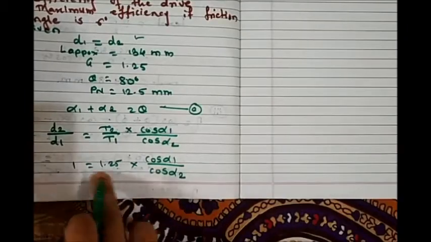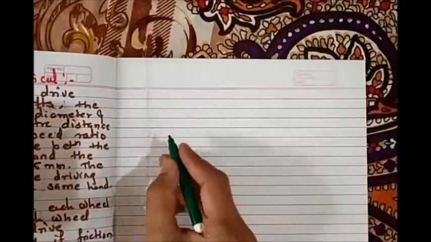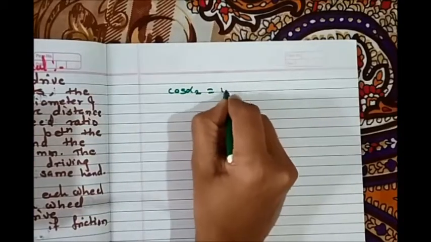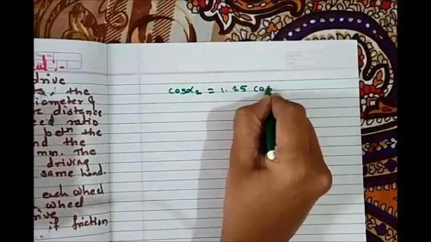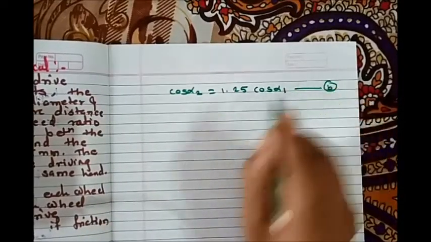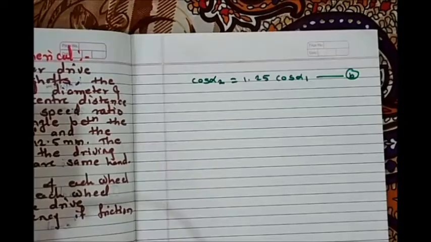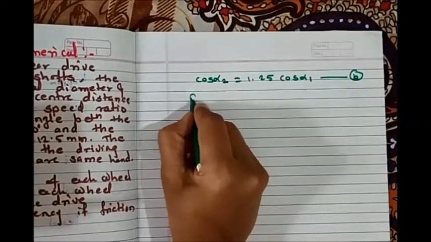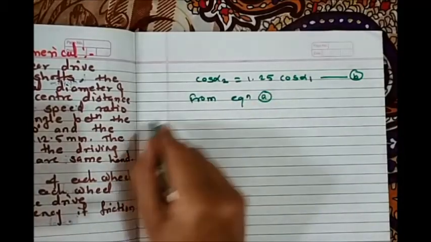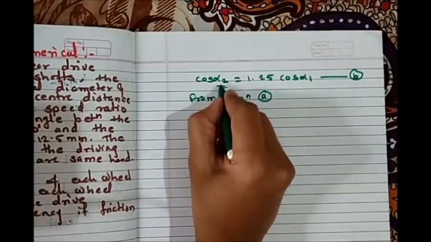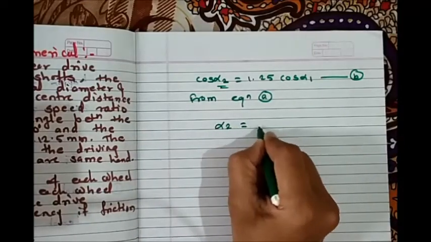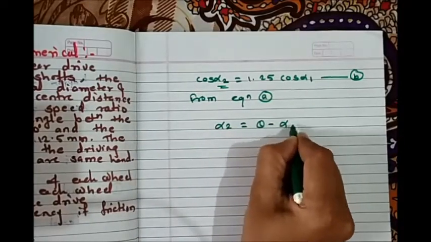Let's shift this cos of alpha 2 to the left side, so we get cos of alpha 2 is equal to 1.25 cos of alpha 1. Okay, let us say this is equation B. Now from equation A we can calculate alpha 2 in terms of theta and alpha 1.